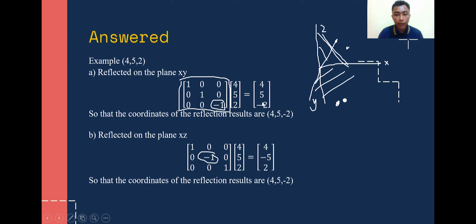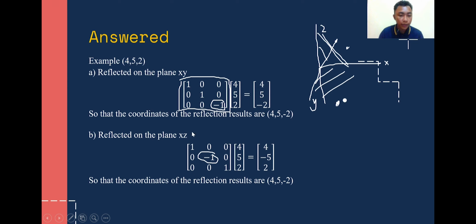And the next is 5, and this is minus 2 because this is the minus 1. So the coordinate will be 4, 5, minus 2.